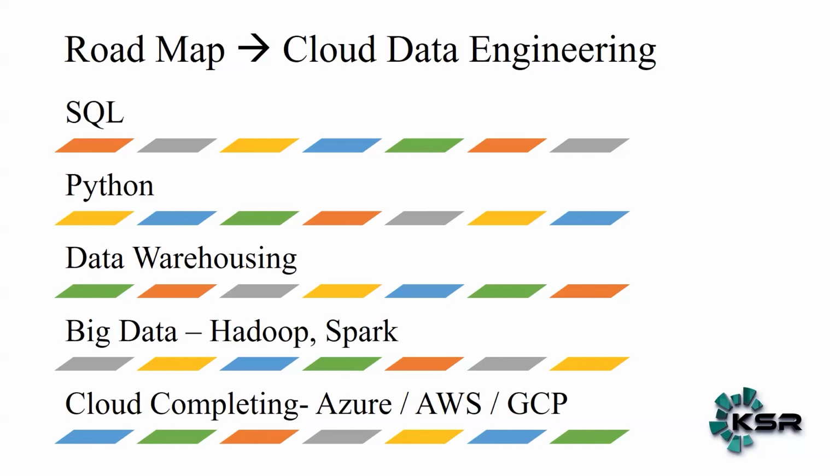So the course is actually 5 months. It should be 4.5 months, but it will go up to 5 months because there is a lot to cover. 5 months of complete effort is needed to become a data engineer.